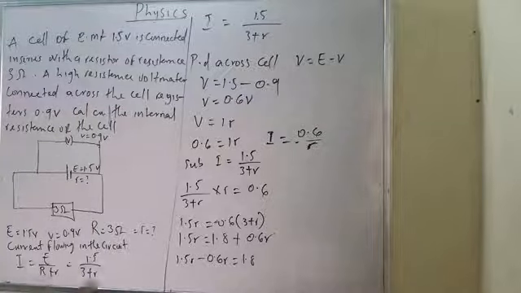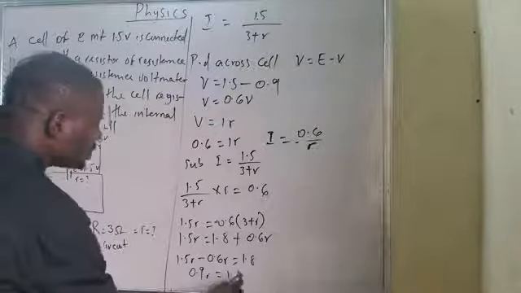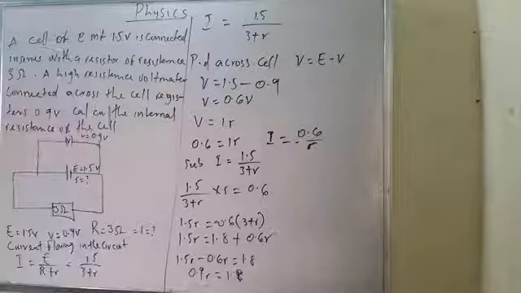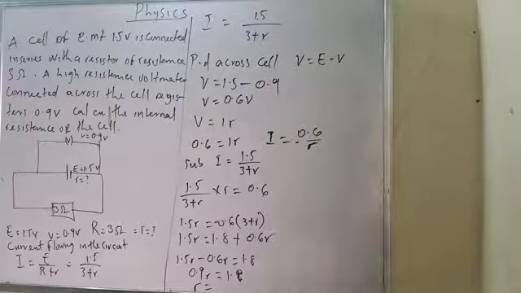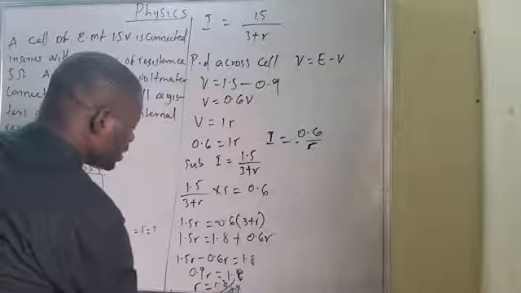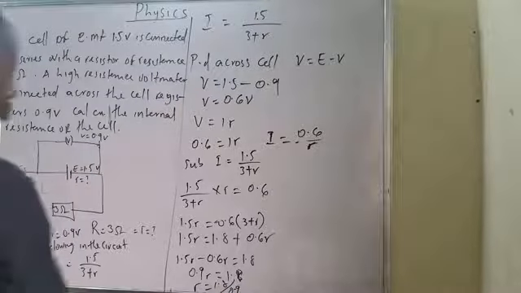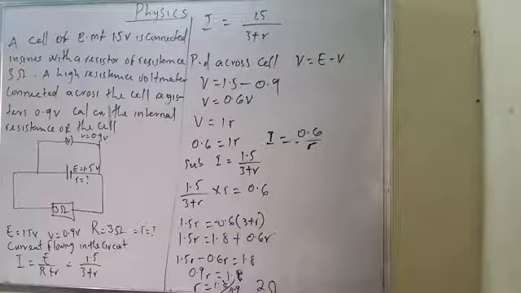By so doing, I'll be having 0.9 r equals 1.8, which means my r, my internal resistance, will be 1.8 divided by 0.9, which is the same thing as 2 ohms. My answer is 2 ohms. That is all.